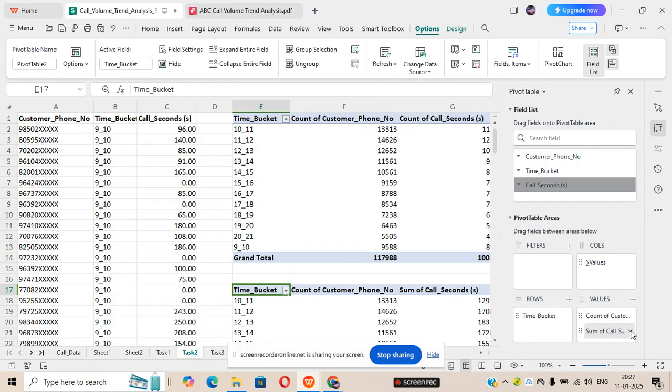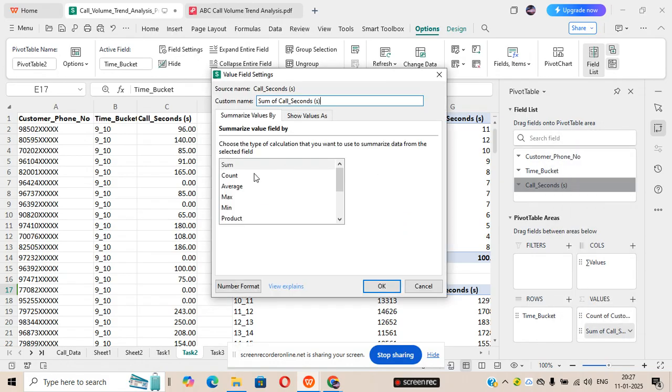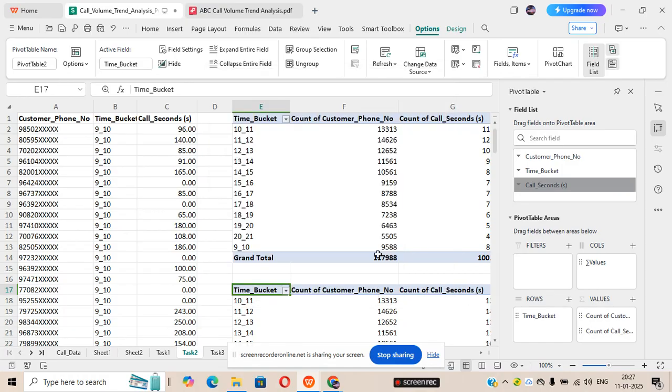It is shown as sum, so we have to change it to count.